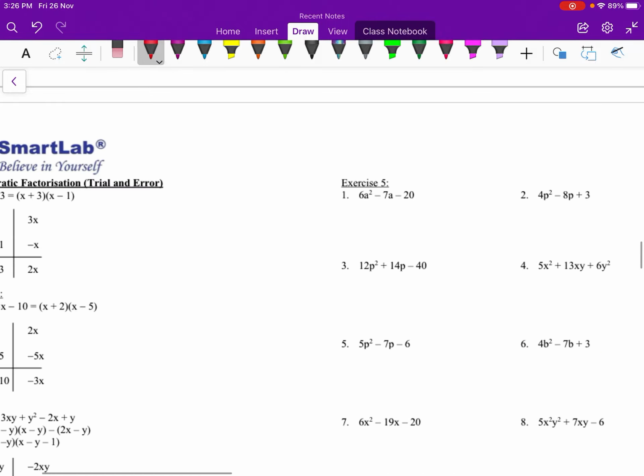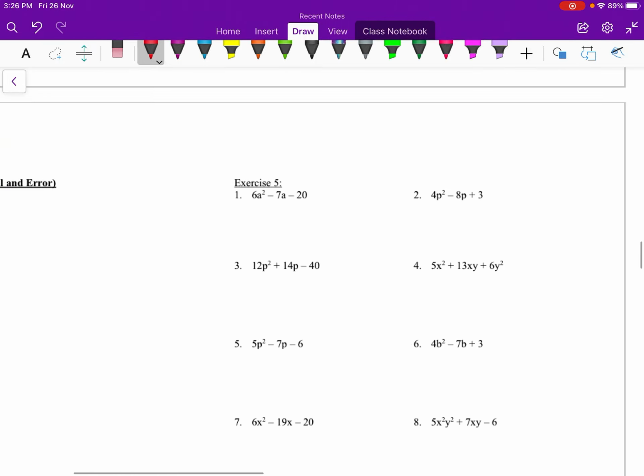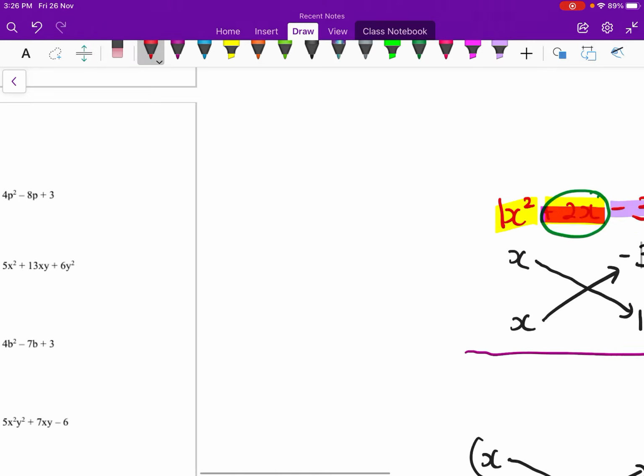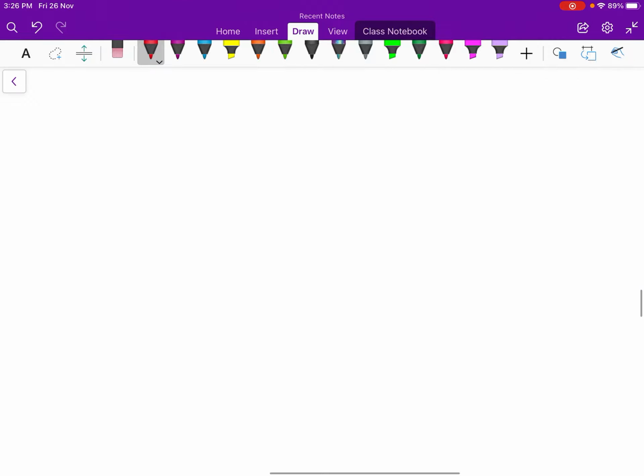Let's take a look at one example, exercise 5, question 1. You notice that we have 6a squared minus 7a minus 20. Let me just write it down here.